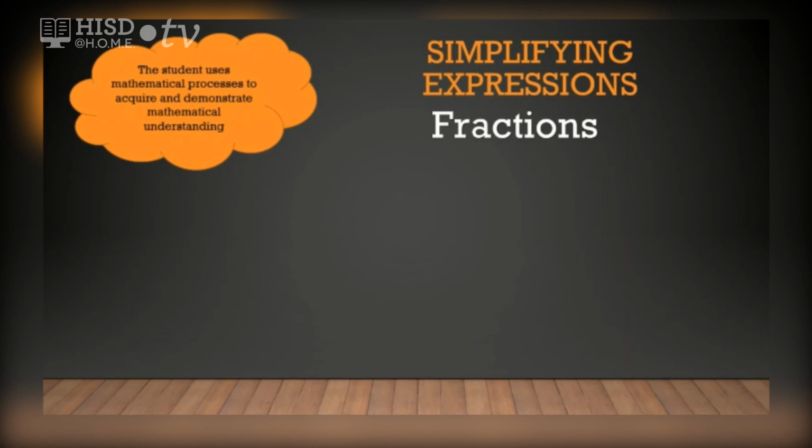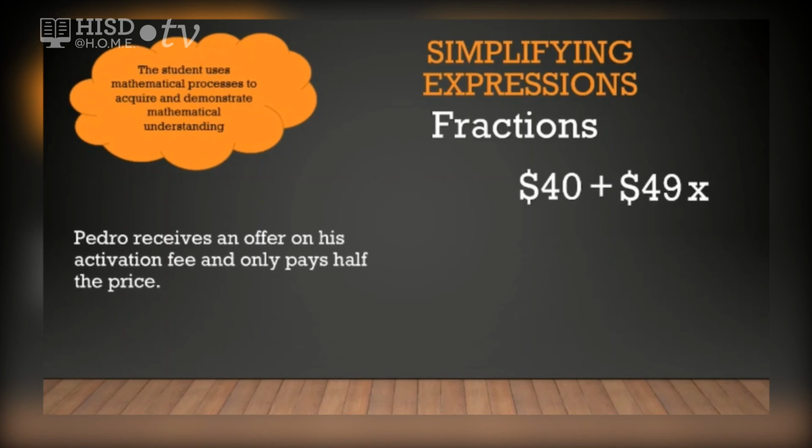Now let's explore the same problem, but now instead of having a discount with a specific amount of dollars, we're gonna explore this with fractions. So let's say that Pedro received an offer on his activation fee and only pays half the price. So we have our expression $40 plus 49 per month.